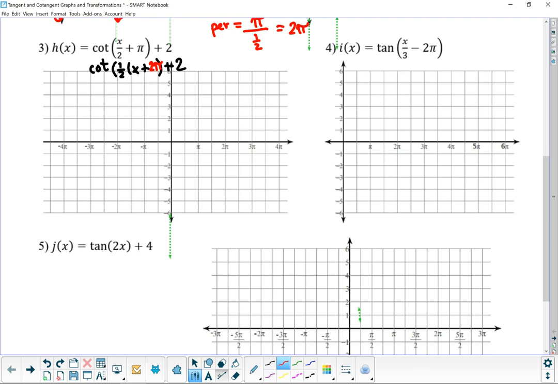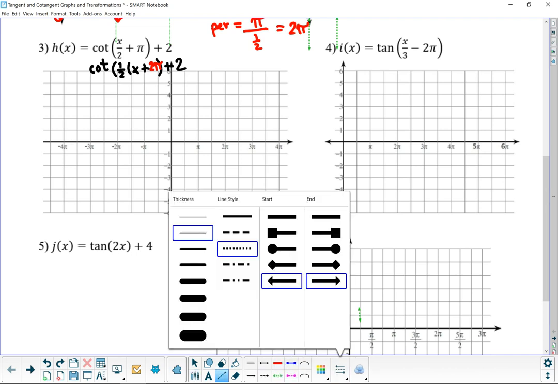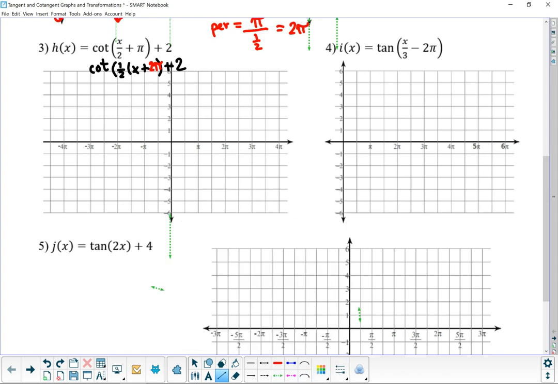Where's my center? I lost it. So period is 2 pi. Okay. So my center is at pi. And normally it would look like this, right? Normally this is what it looks like.